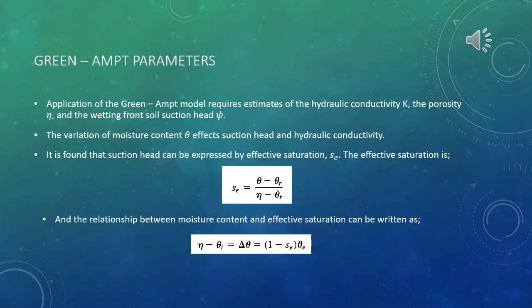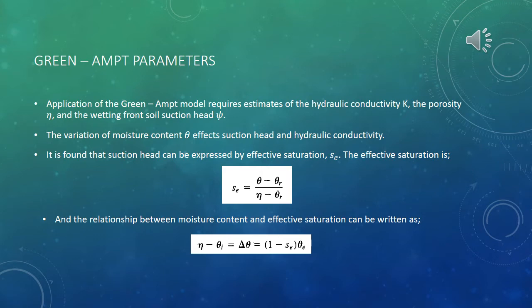Before we go any further, we need to know the Green-Ampt parameters. Application of the Green-Ampt model requires estimates of the hydraulic conductivity, represented by capital K, the porosity, represented by eta, and the wetting front soil suction head, which is psi. The variation of moisture content theta affects suction head and hydraulic conductivity.